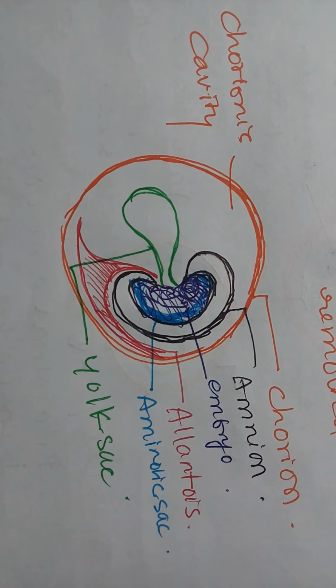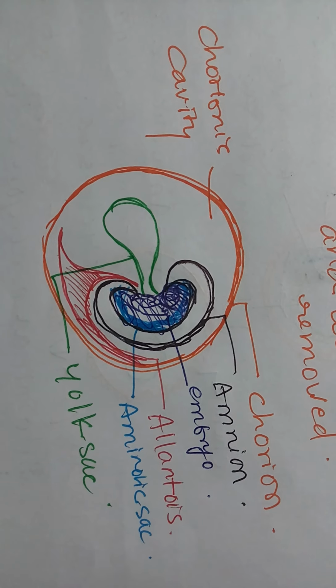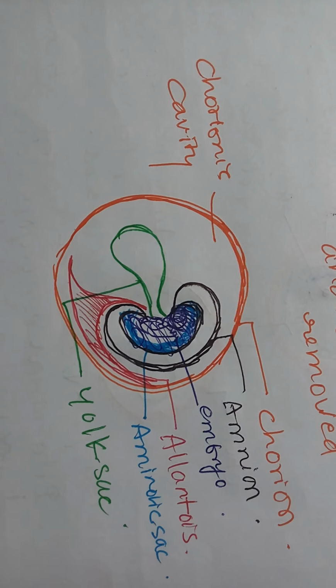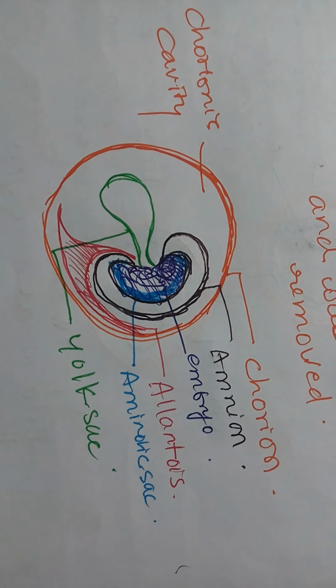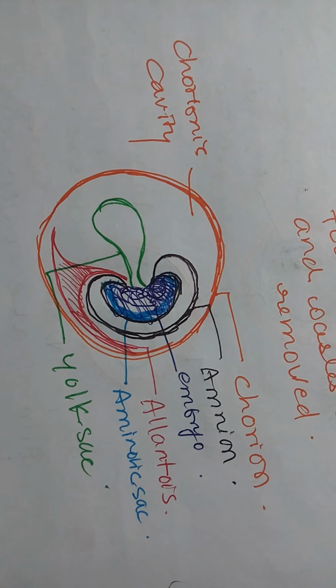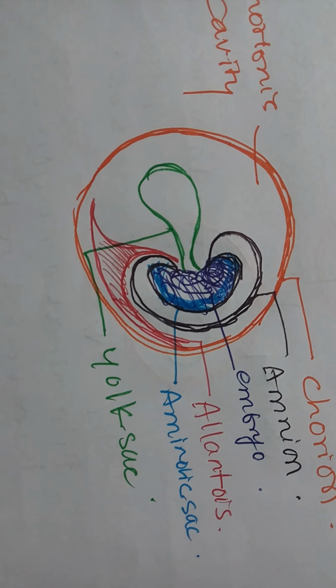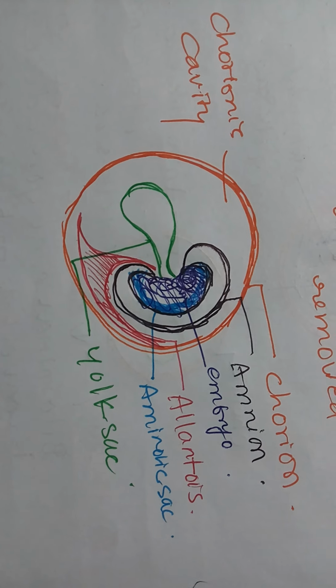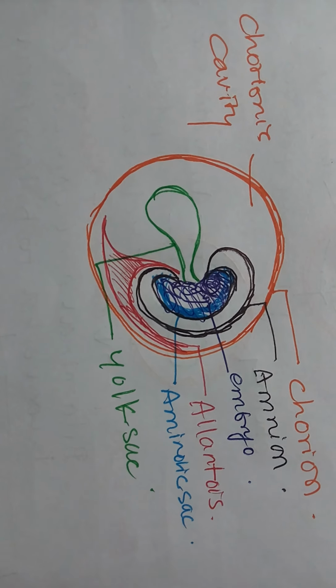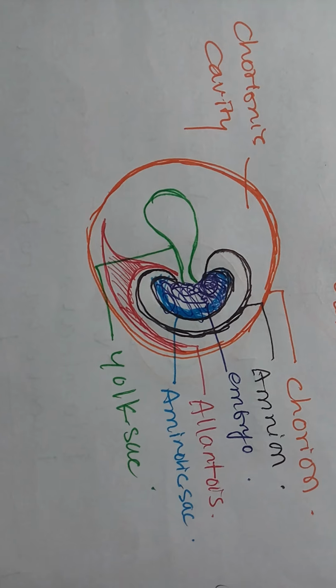And then you can see the chorion, and the allantois is developed from these cells, and you can see the yolk sac. So amnion, chorion, allantois, and yolk sac.